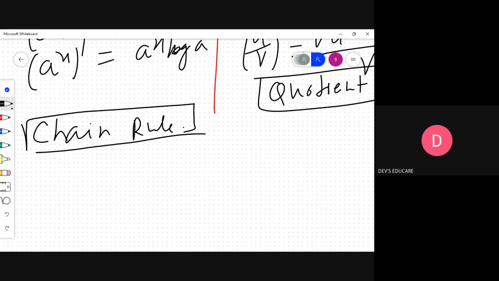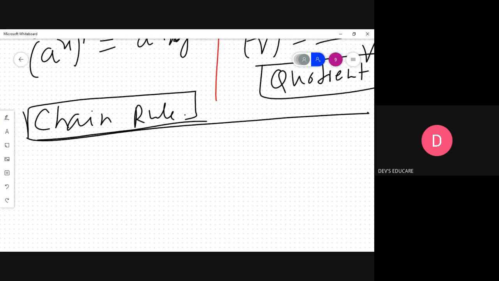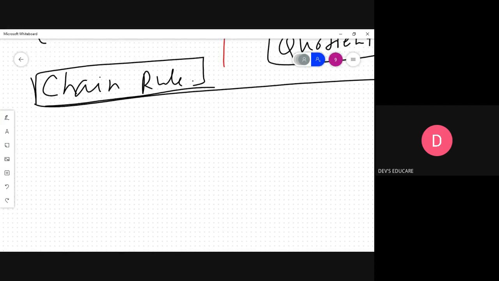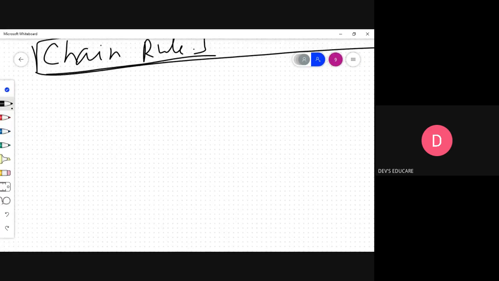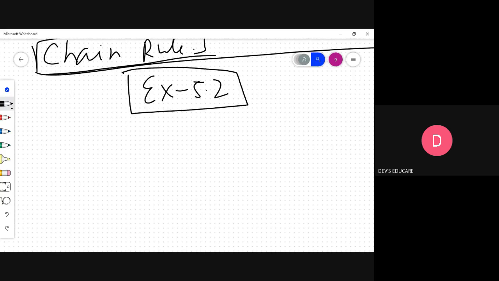So exercise 5.2. Suppose we have been given question number 2. y equals cos of sin x.